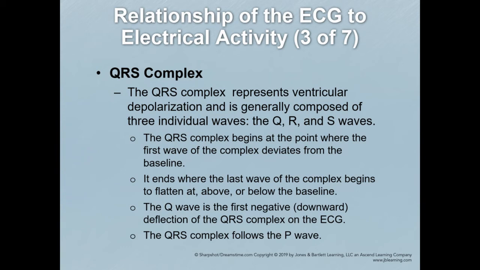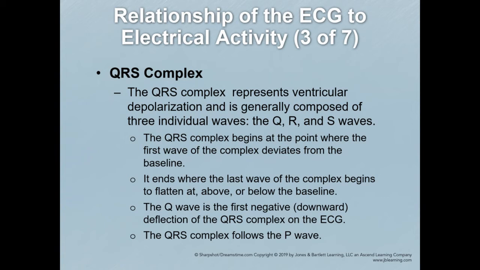By definition, the Q wave is the first negative deflection after the P wave. The R wave would be the first positive deflection after the P wave, and the S wave would be the second negative deflection.